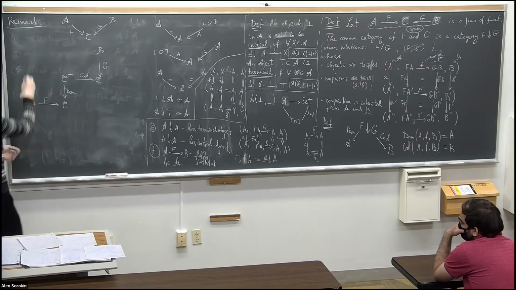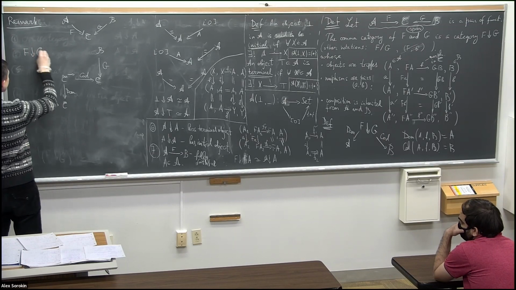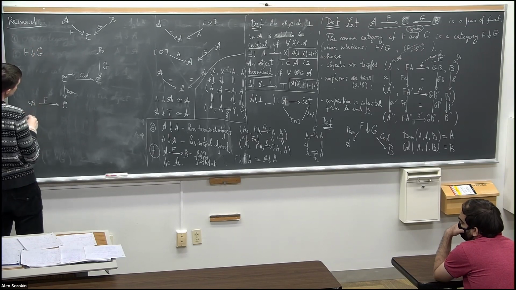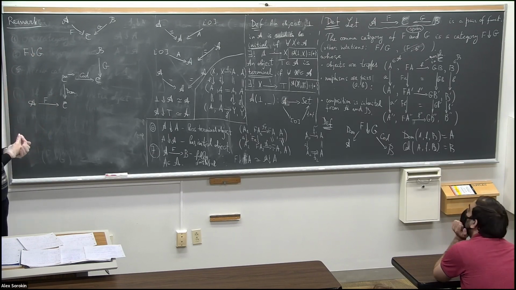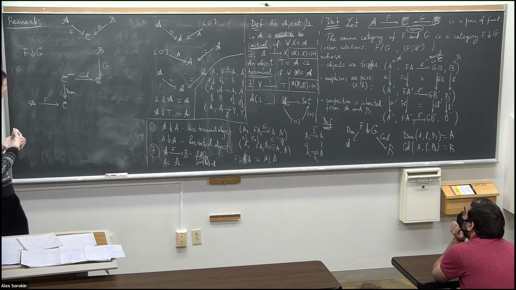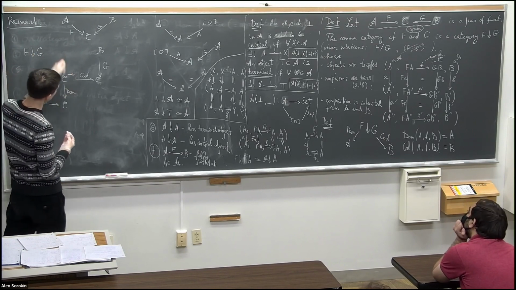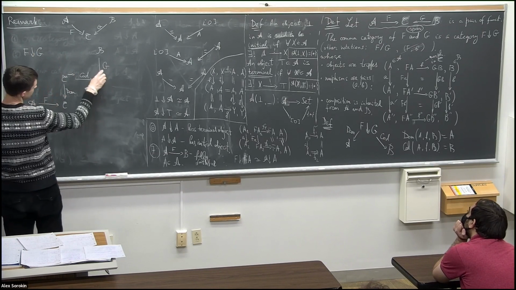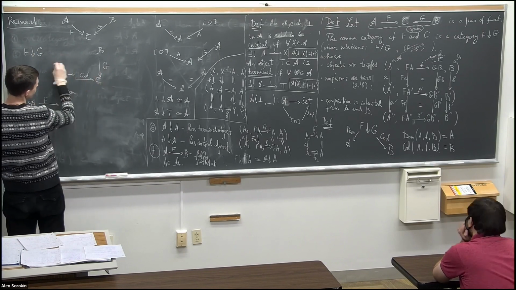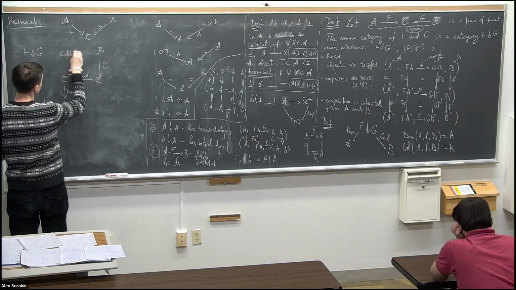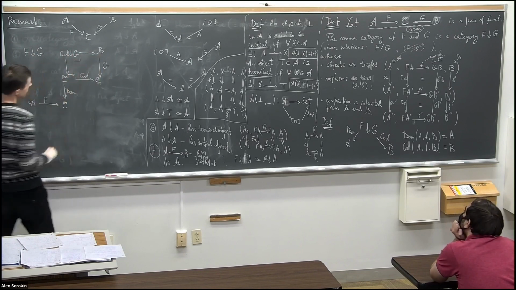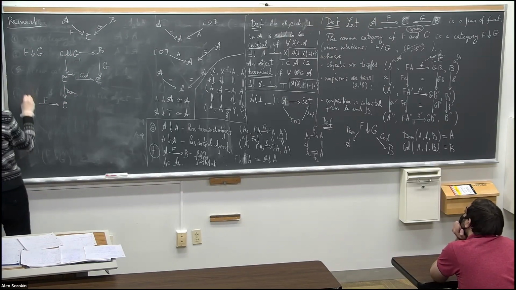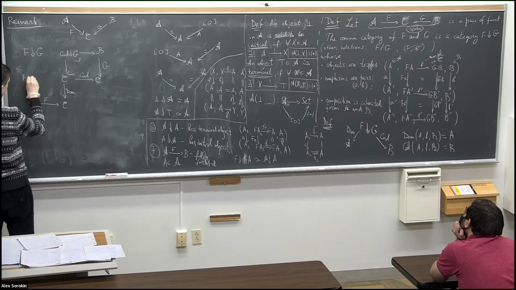Then FG can be obtained in a few steps. First of all, here we will take a pullback. Here I will get the pullback.